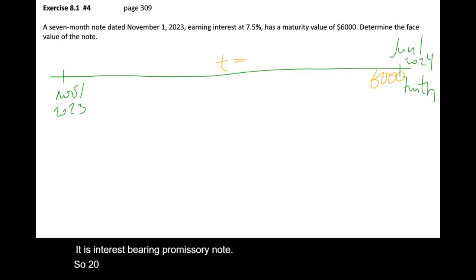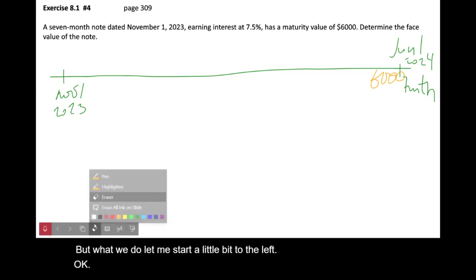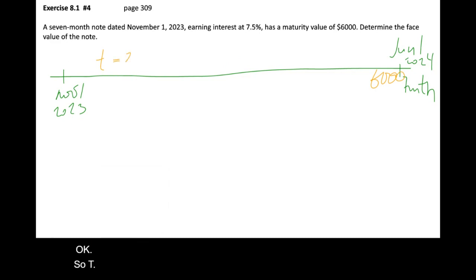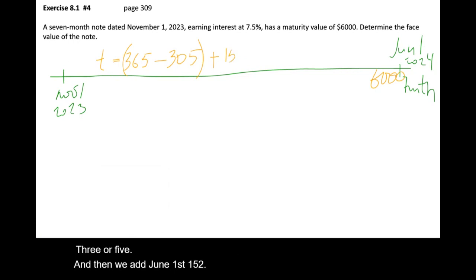So 2024 is a leap year, right? But what we do, let me start a little bit to the left. Okay. So T, first we finish the current year: December 31 minus November 1, that's 60 days. And then we add June 1st, 152.